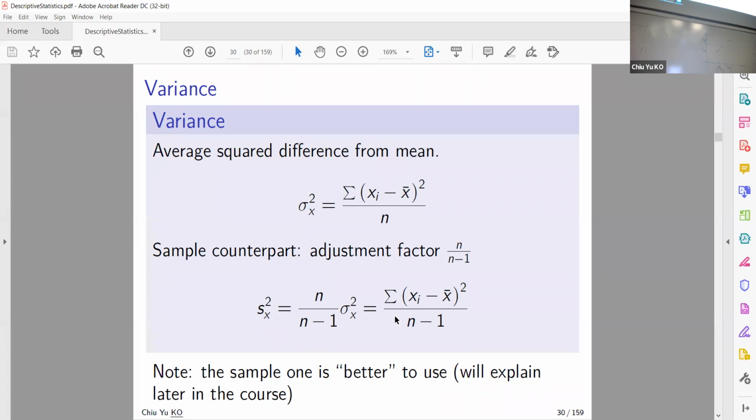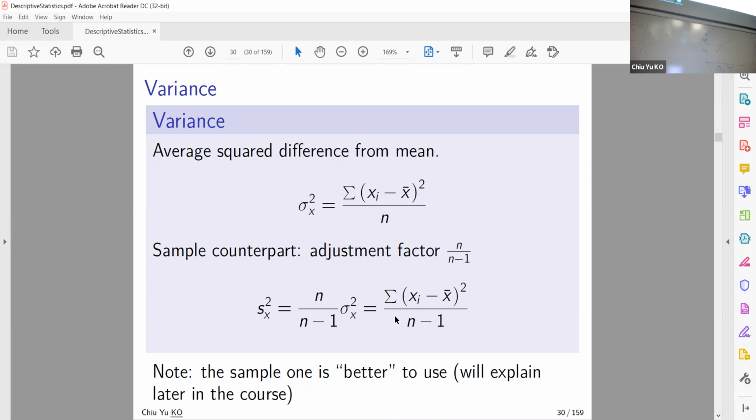Comparing this absolute distance and the square one, you will see there's a main difference. This is linear, in the sense that if you look at the mean and move one observation further from the mean on one side, and move another one closer on the other side, this measure will not change. But it will change for the variance.